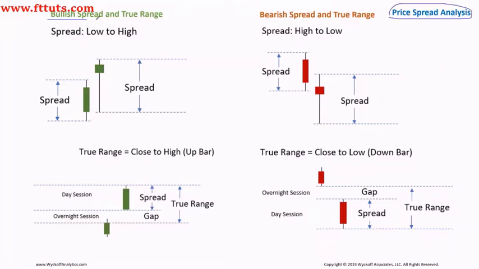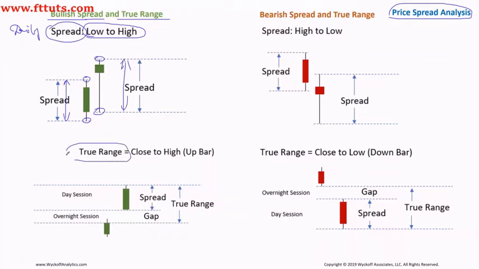And we're talking about the bullish spread and the true range. And there is a difference between those two definitions. So the spread by itself, or sometimes we would say on the daily chart, a daily spread, is the distance between the low and the high of the spread. So we would take the high and the low, and that would be the measurement of the spread.